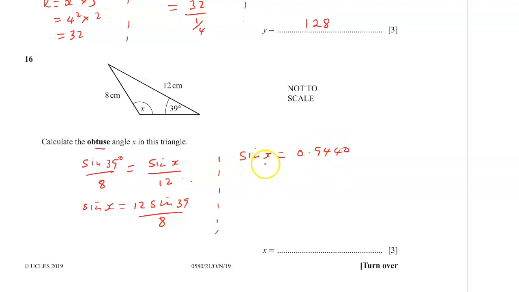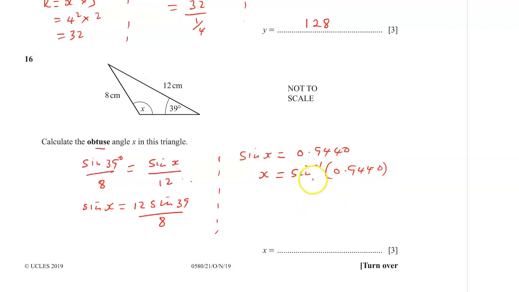Therefore, we get the inverse of this sine. So x is equal to sine inverse of 0.944 right there.